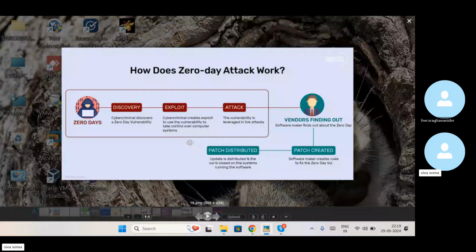So this is called a zero-day attack. It means the vulnerability is not known. The vulnerability is present, but it is unidentified up to that level.